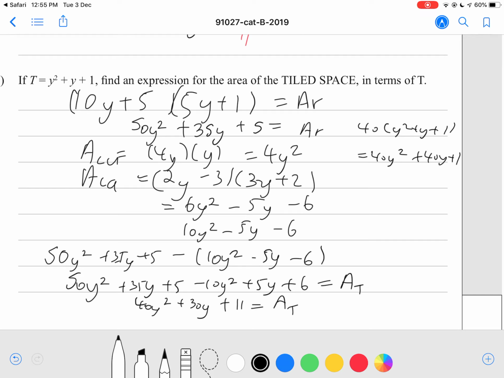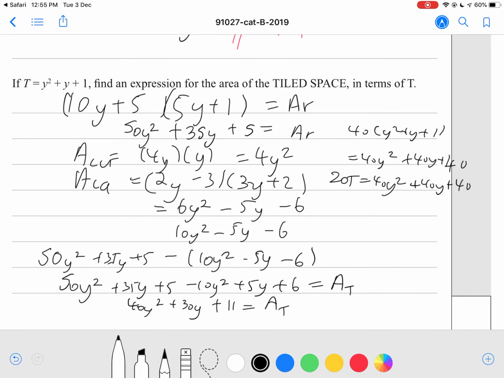Okay, that's interesting. 40y, so we say 20t is equal to 40y squared plus 40y plus, oh, that's 40, sorry. Plus 40.